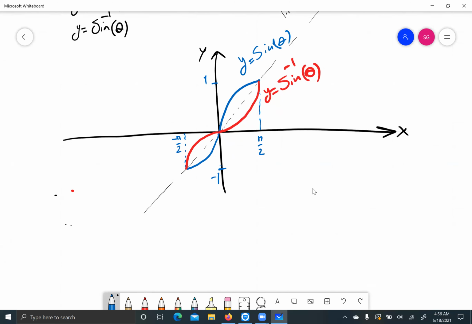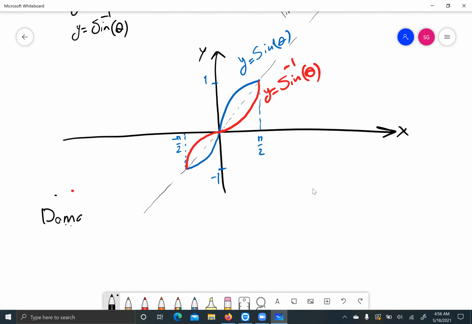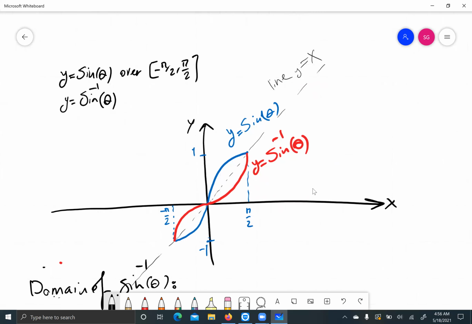Let's discuss the domain of sine inverse. Look at the sine: we restrict the domain for sine to negative pi over 2 to pi over 2, and we know that the range is from negative 1 to 1.